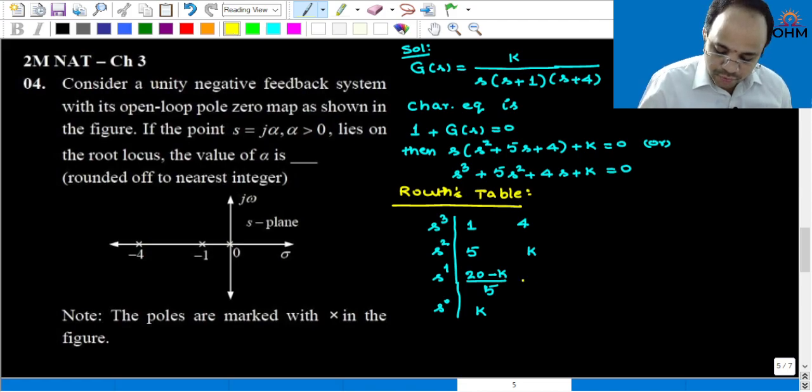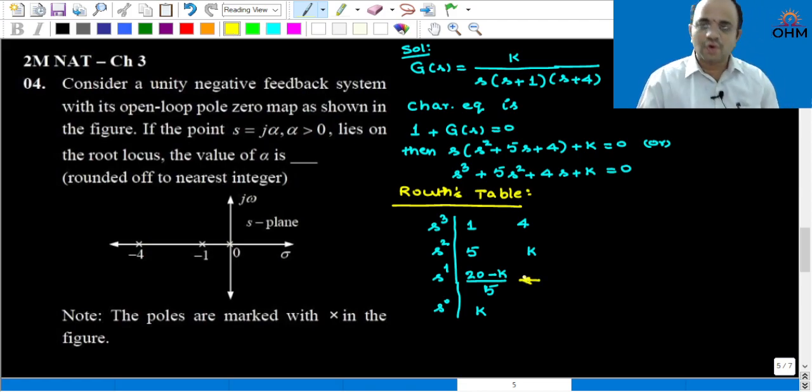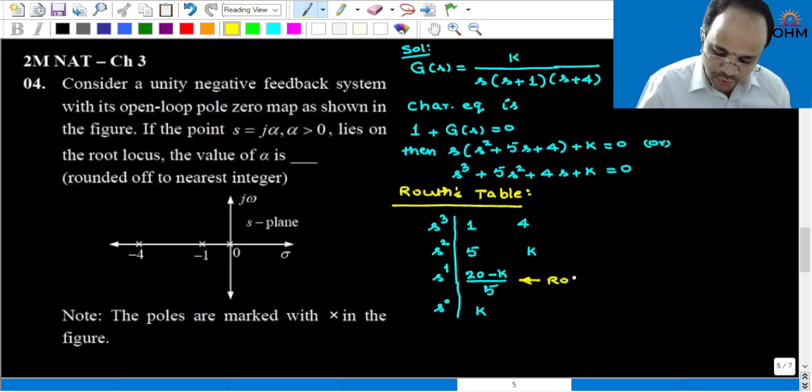Now in order to have this root locus diagram located on the j omega axis, there should be an even polynomial as a common factor. So that is possible when you have a row of 0 appearing at s power 1. This is true when k is equal to 20.